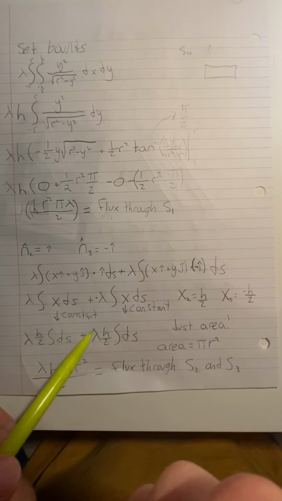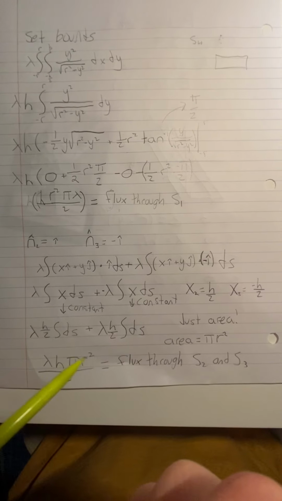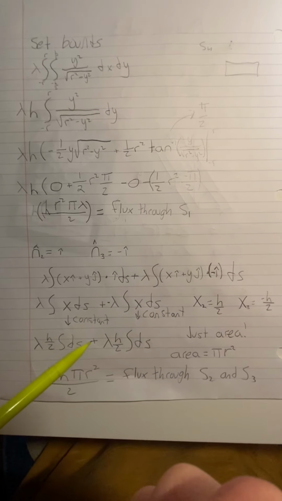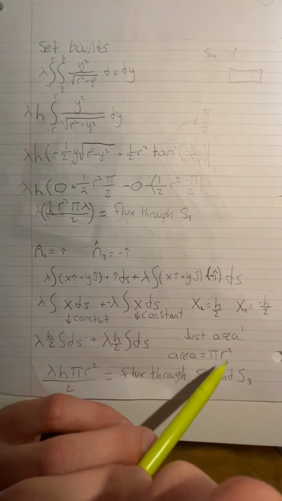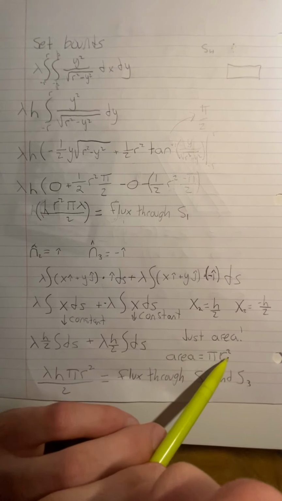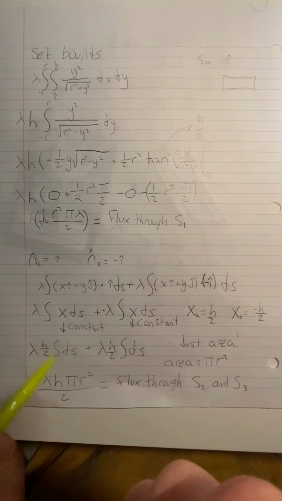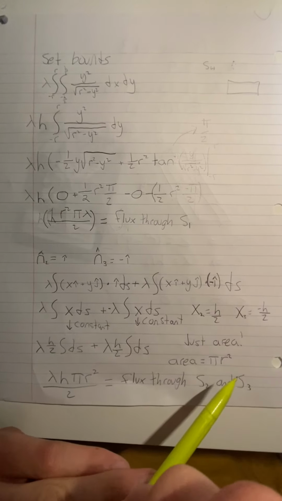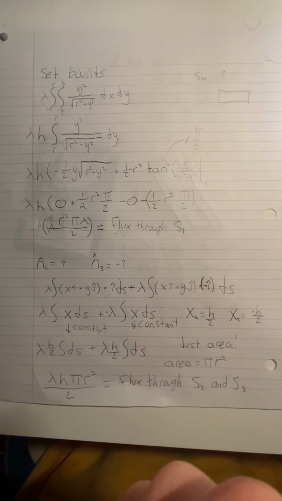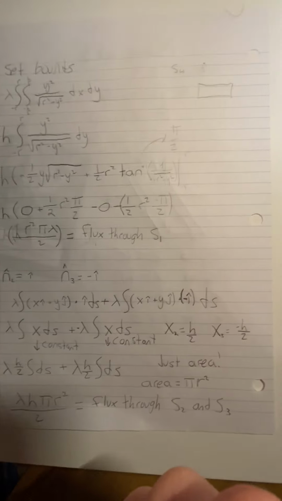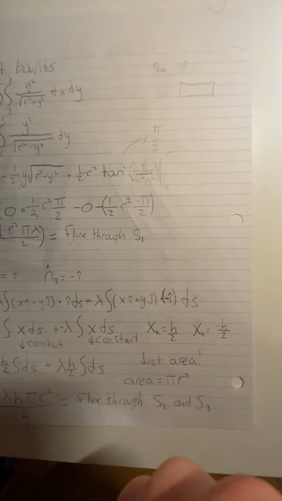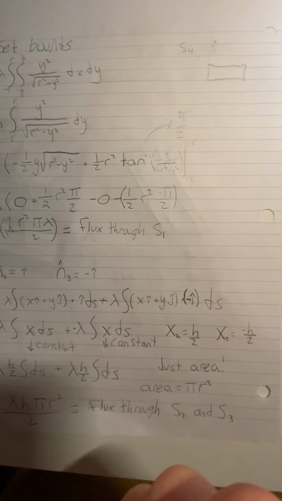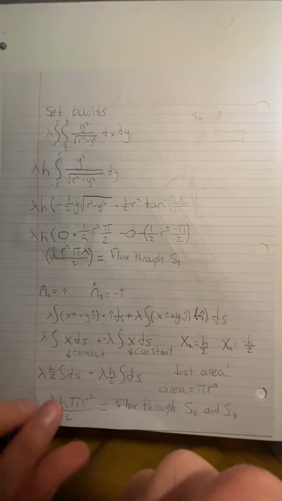So you can factor out this lambda h over 2 and have two half circles, which is just the whole circle, pi r squared. So you get pi r squared times lambda h over 2, which gives you this right here. That's the flux through those two. So now we have 1, 2, 3, and the fourth is 0, as I said, because it lies completely in the same plane as the electric field, so it doesn't have any contribution.